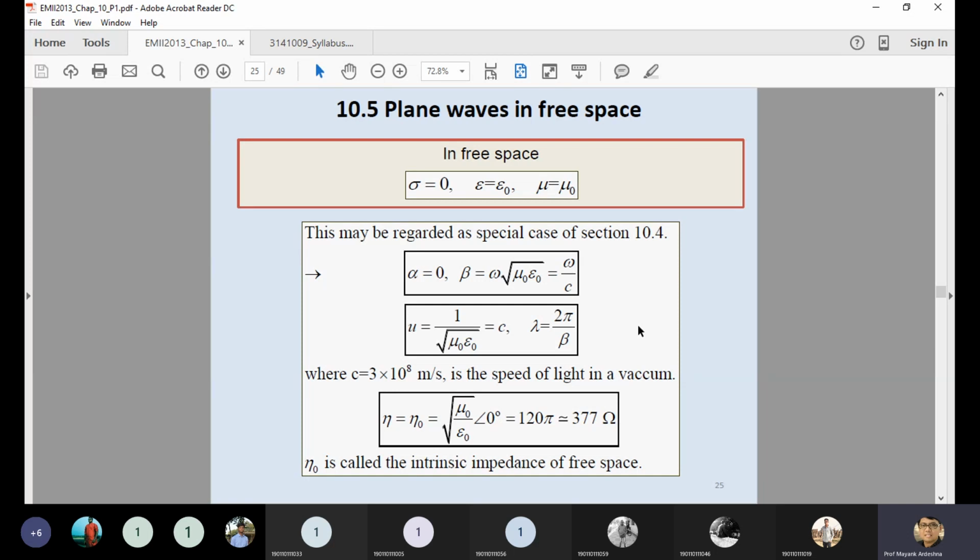So it is possible that alpha tends to 0, and based on this we can also find eta, the intrinsic impedance for free space. By just replacing mu 0 and epsilon 0, you get 120 pi, which is 377 ohm, which may be required to find, if I know the electric field, the magnetic field, or it may be vice versa.